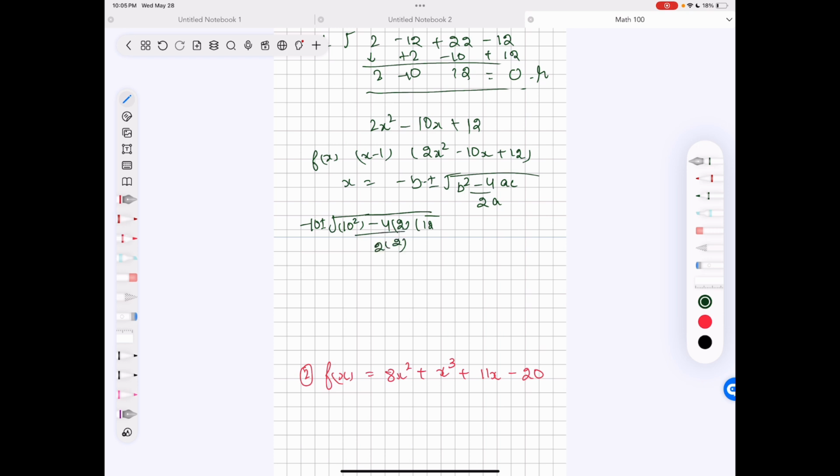We get 10 plus or minus the square root of 100, since 10 times 10 is 100. 4 times 2 is 8, and 12 times 8 is 96. We get 100 minus 96, and 2 times 2 is 4.